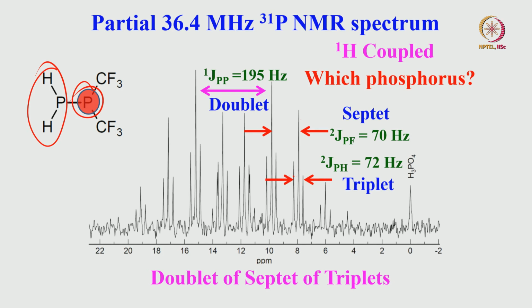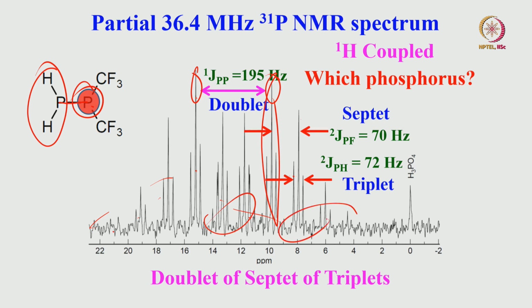Let me repeat. For this phosphorus, there is a 1 bond coupling, it is a doublet, which is here, this peak and this peak, center of that, and each of this doublet splits into a 7 line pattern, and we have to see 1, 2, 3, 4, they will be overlapped. There will be 7 lines from the center, 3 this side, 3 this side. Similarly, 3 septets here, 3 septets here.